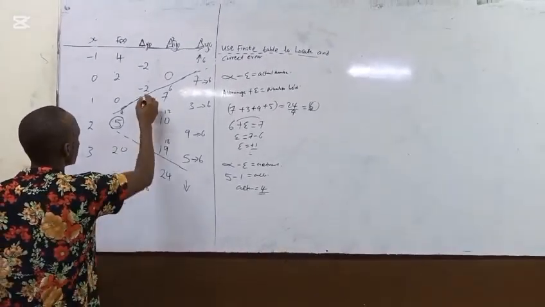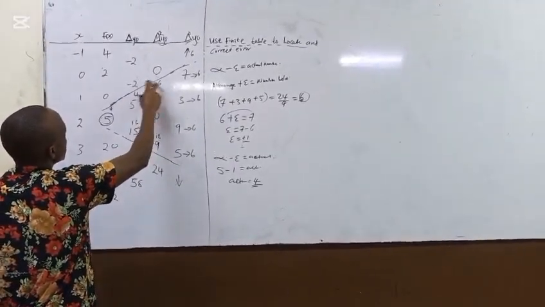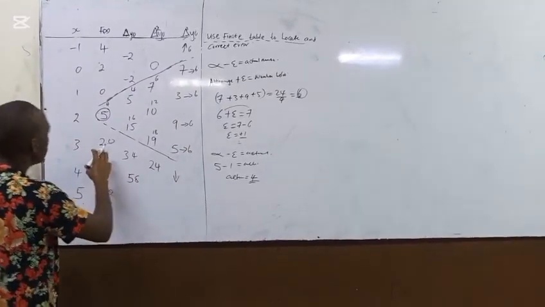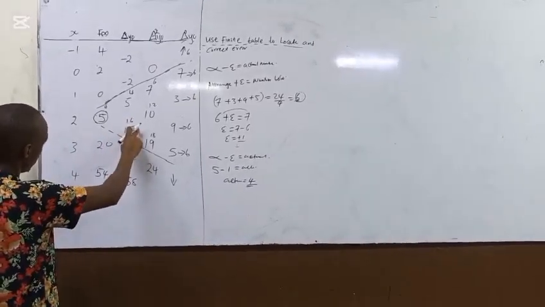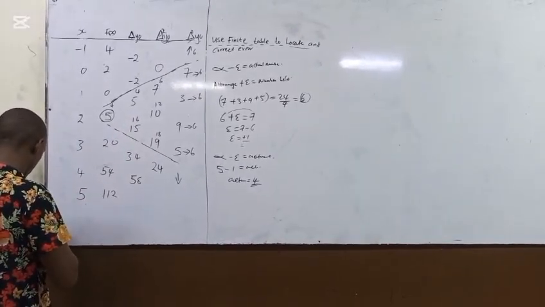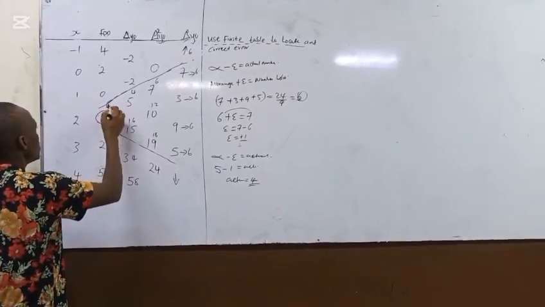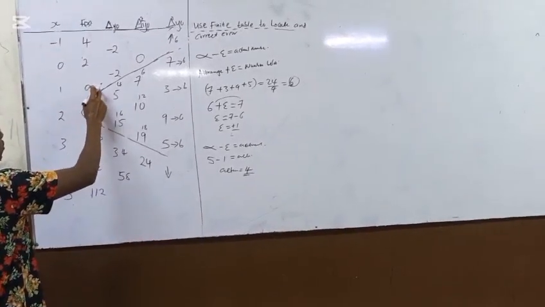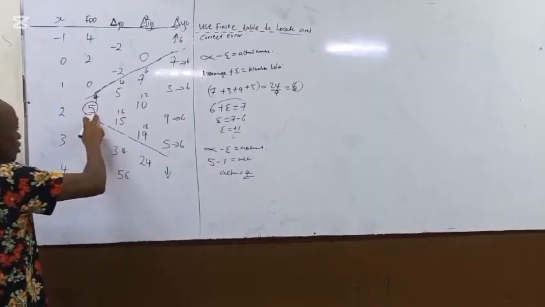The number is 4. 4 minus 2, we get 6. We have corrected that column. Now, which number, if we subtract from 20, we get 16? The number is 4. This means this is the actual number. 4 minus 0 is 4. And we have located our error, and we have corrected the error.